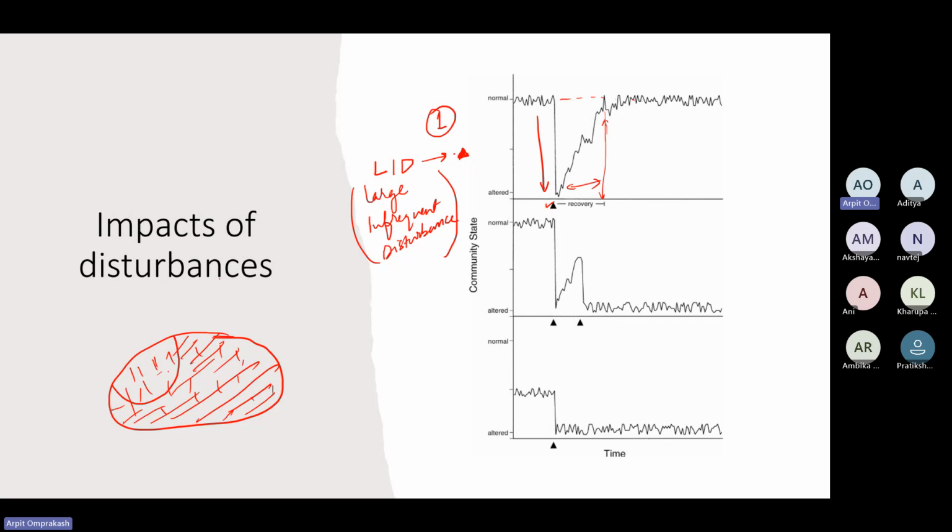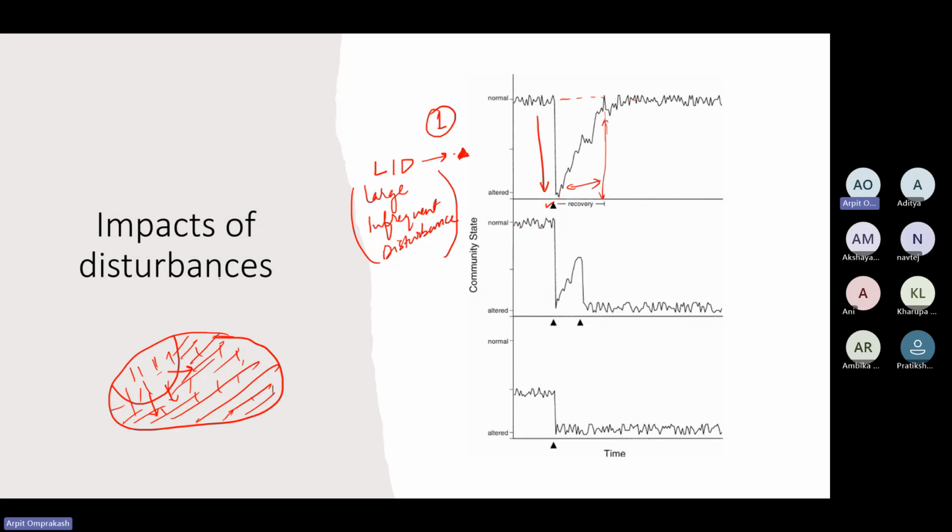So slowly this area starts to increase, and the forest gets re-established after some time. The time between this event and the restoration is the recovery period. So that's the first case, when we have a normal community and only one large infrequent disturbance. But what happens if we have multiple such disturbances?